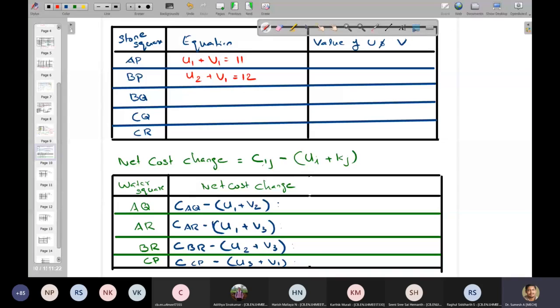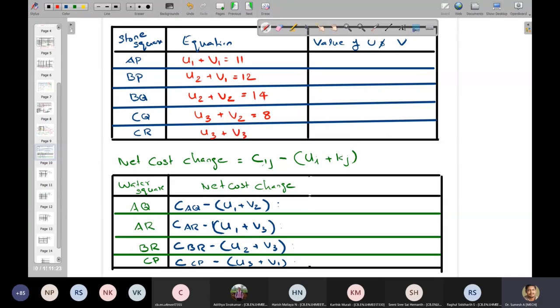The next one, U2 plus V2 equals 14. Next one, U3 plus V2 equals 8. And CR, U3 plus V3 equals 10.